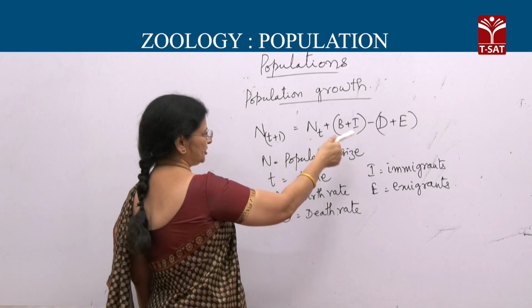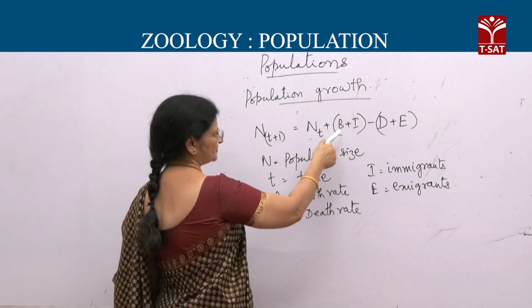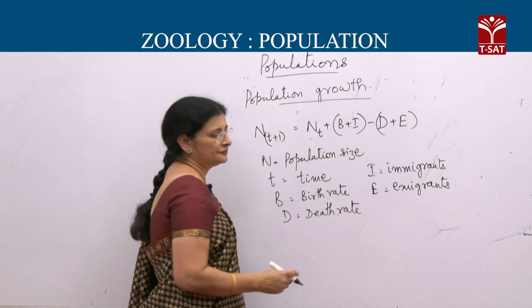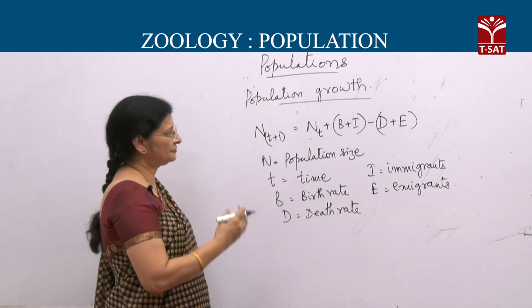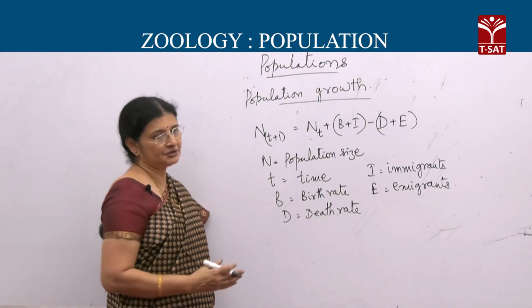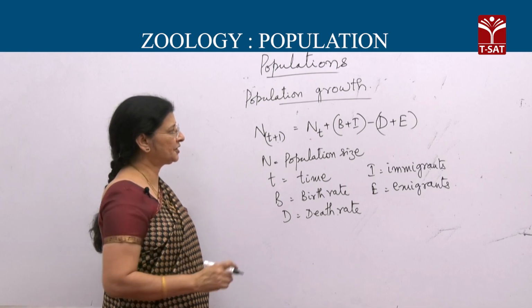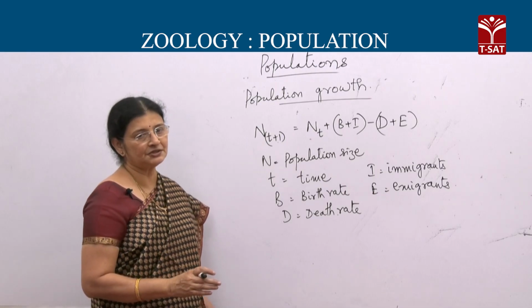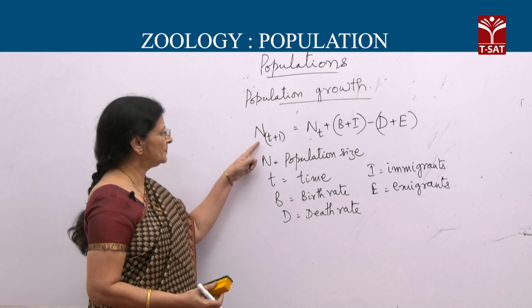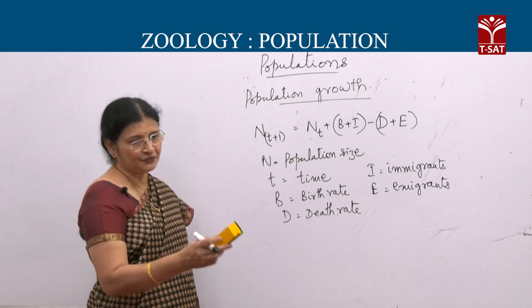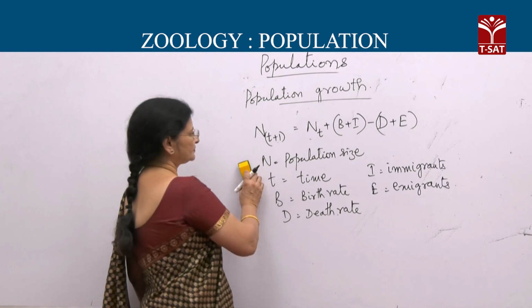So the earlier year they take, and then the number of births, number of immigrants, and from this we have to subtract the number of deaths and emigrants. Then we will get the size of the population in the last year.